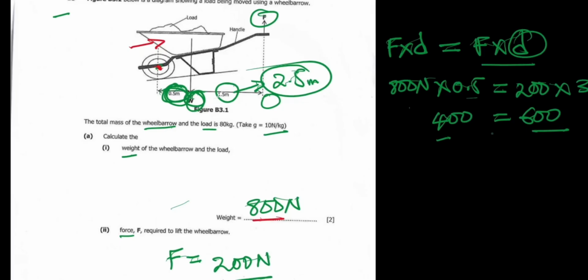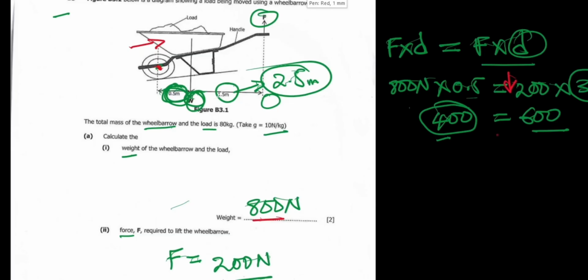So in order to obey the principle of moments, when the distance is increased like this, what should you do to make sure that it is still balanced, to make sure that it remains 400? Well, you have to decrease the amount of force, the amount of effort.